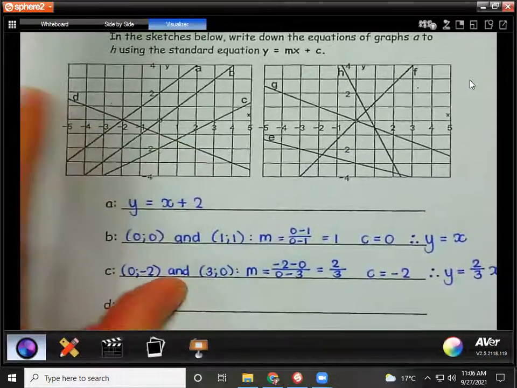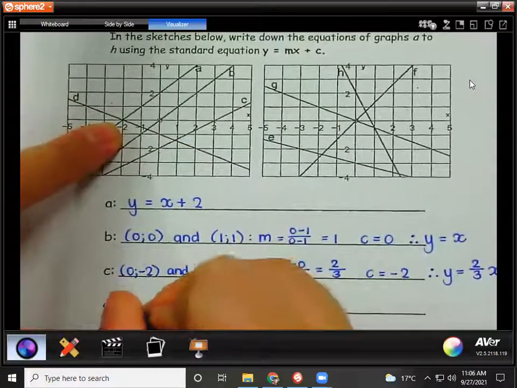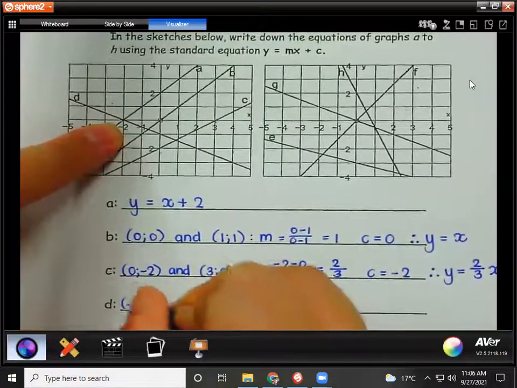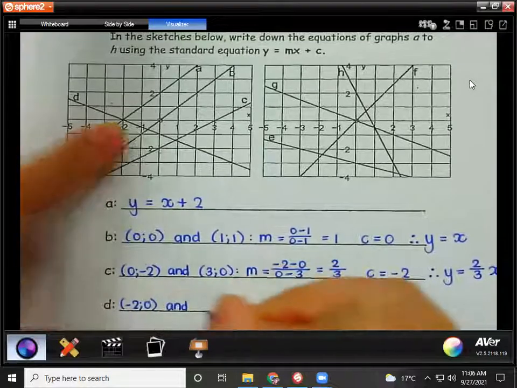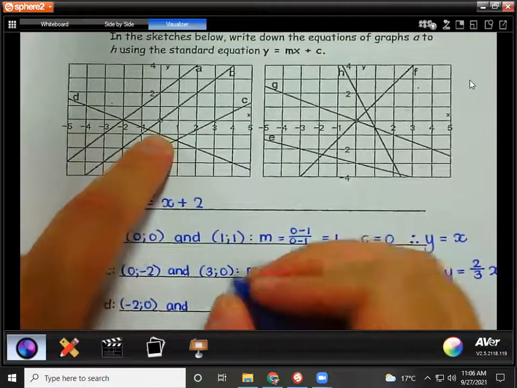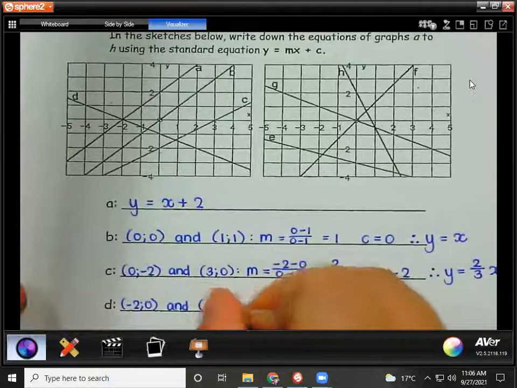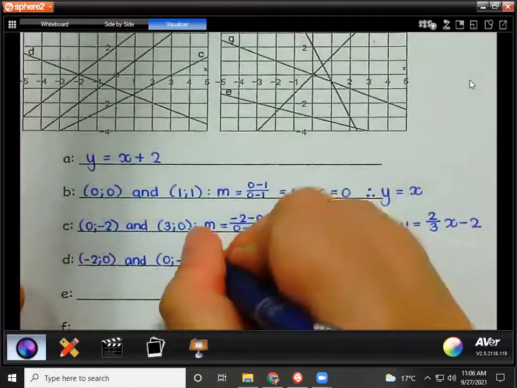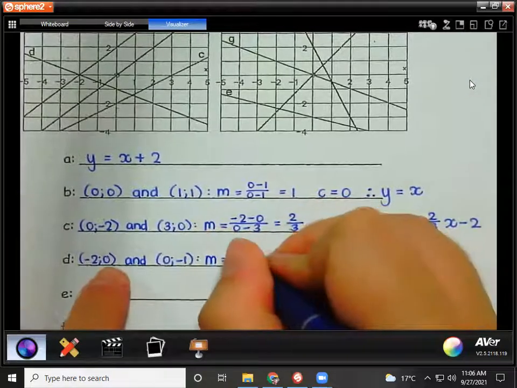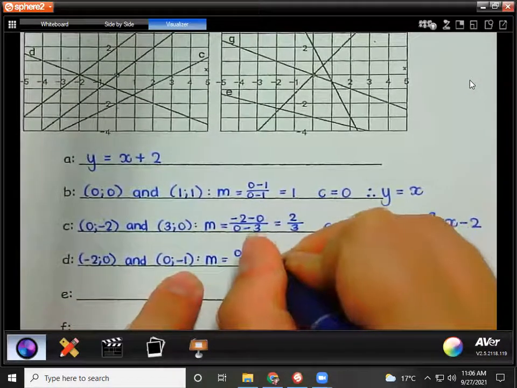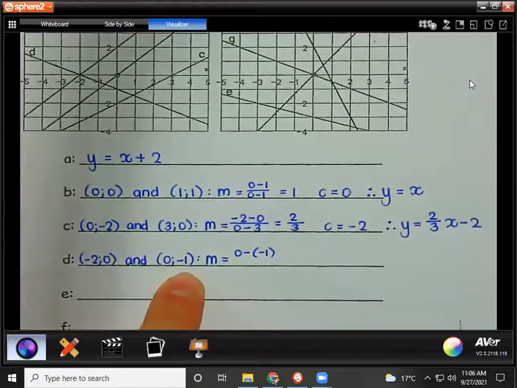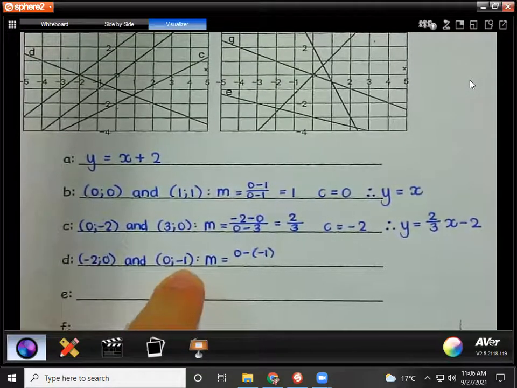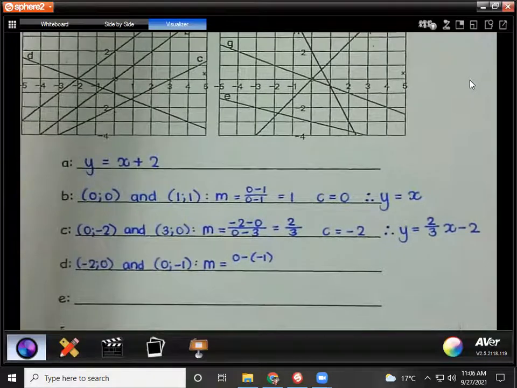Okay, so on D, I'm going to use that point, negative 2, 0. And we'll use that one, which is 0, negative 1. Again, you could choose any 2 points. So you take y value of that one minus y value of this one. Guys, please remember it's important. If your second value is a negative, you have to put brackets around it.